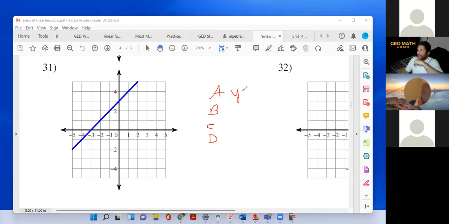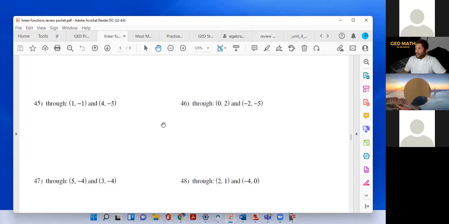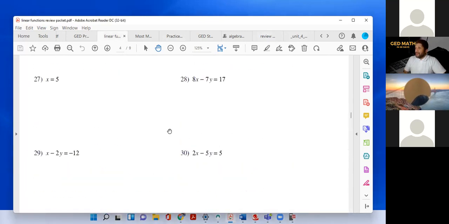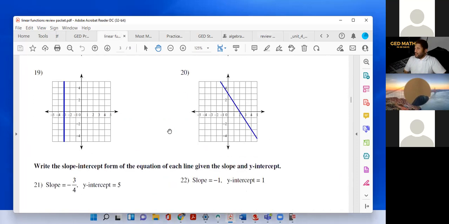So y equals, let's see. Oh, I don't like this one either. I've got to find another one. I'm sorry, I apologize. Let me find another one. I don't want them too easy. There we go.